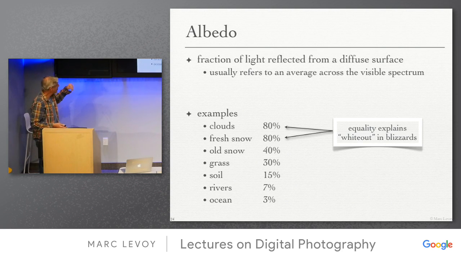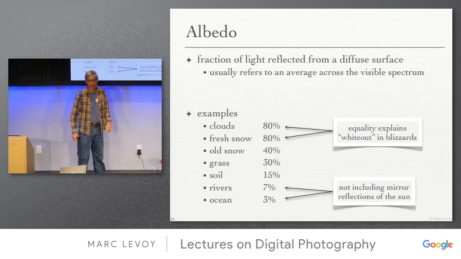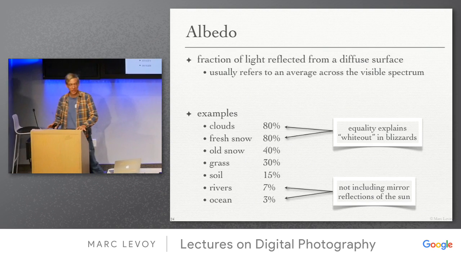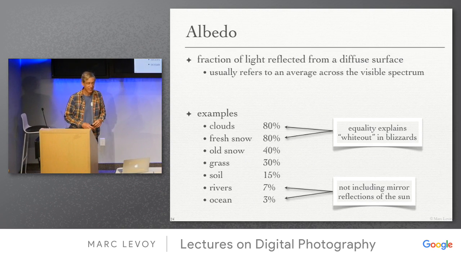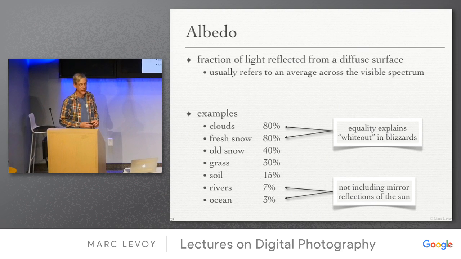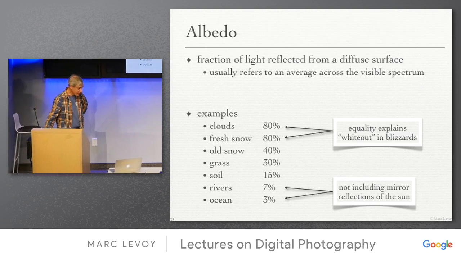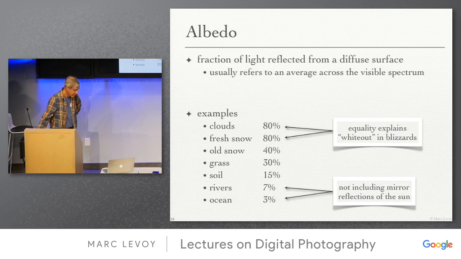All right, old snow, grass, soil, rivers, oceans. So when I talk about rivers and oceans, I'm not including the mirror reflection of the sun, so I assume we're not looking at the specular highlight. Florian? So in the whiteout, the clouds are actually the source of light, right? And the fresh snow should reflect 80% of that. So there should still be a 20% difference.